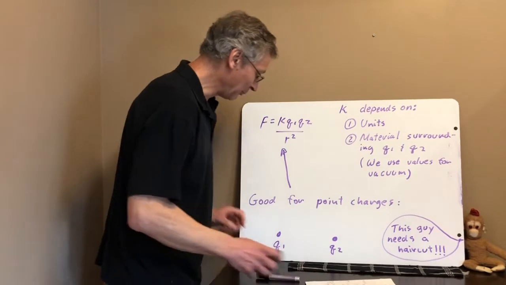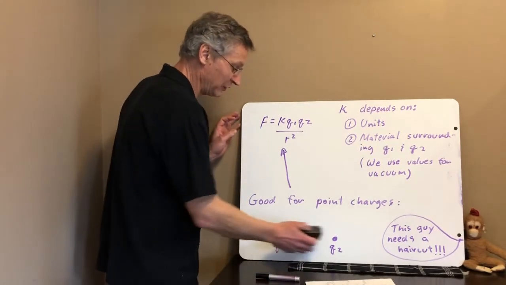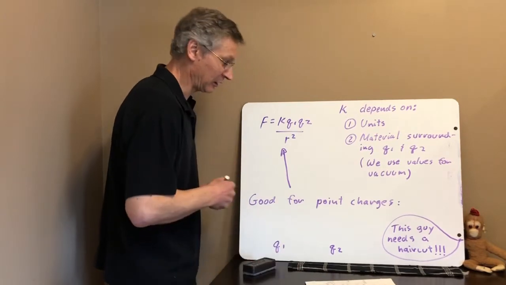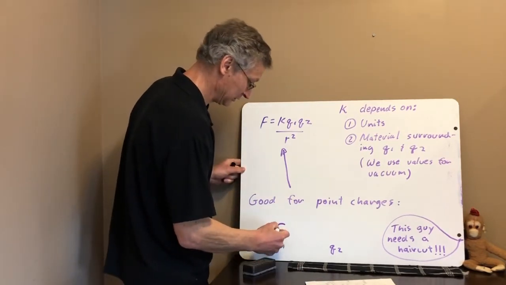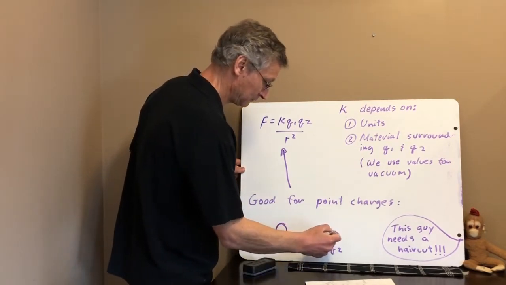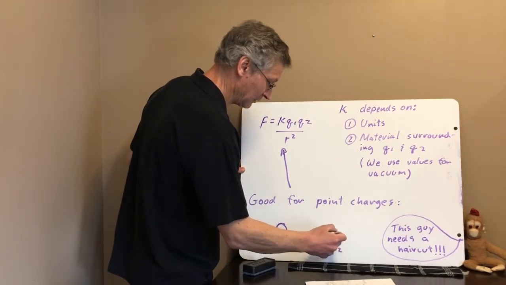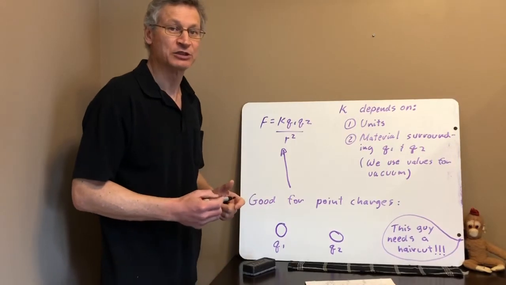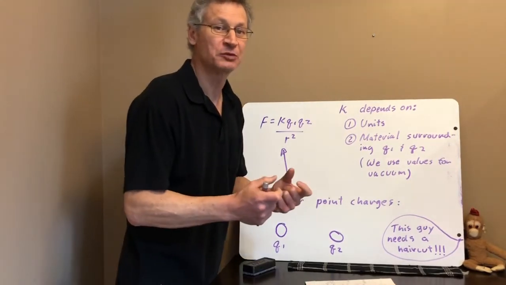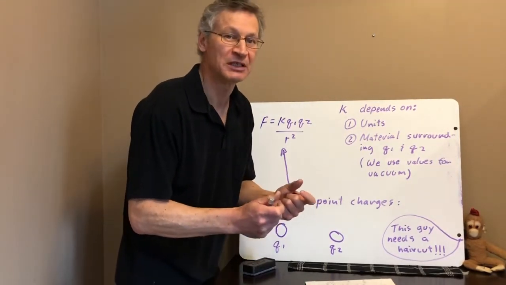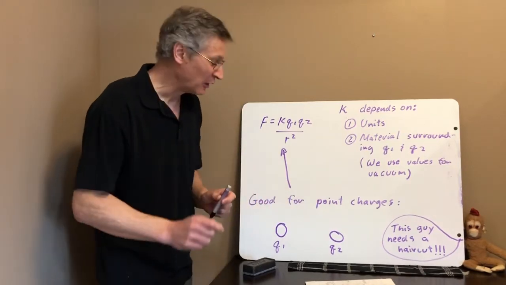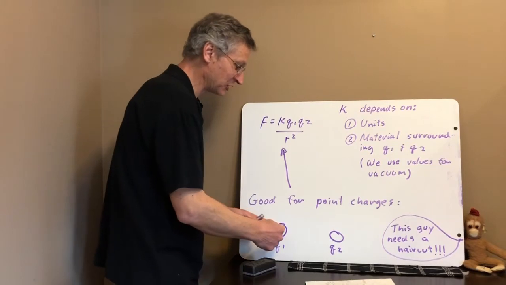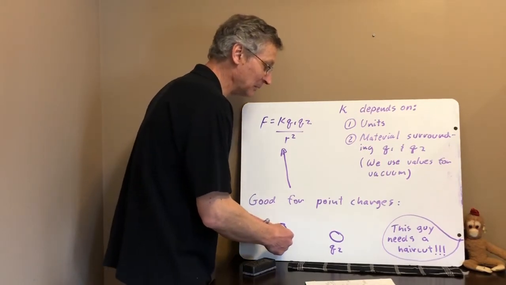But if I don't move these things apart at all, but I make them bigger, well, now they're not point charges anymore. For charges to be considered point charges, the distance across the charge must be insignificant compared to the distance between the charges.